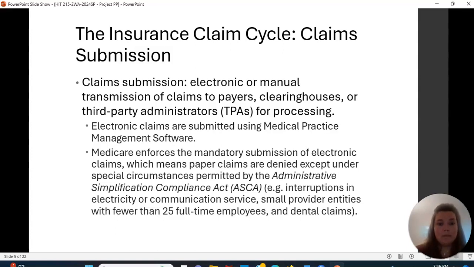Medicare actually enforces the mandatory submission of electronic claims. There are some exceptions under the Administrative Simplification Compliance Act, such as interruptions in electricity or communication service, small provider entities with fewer than 25 full-time employees, and dental claims. But other than that, Medicare does require the electronic submission of claims.